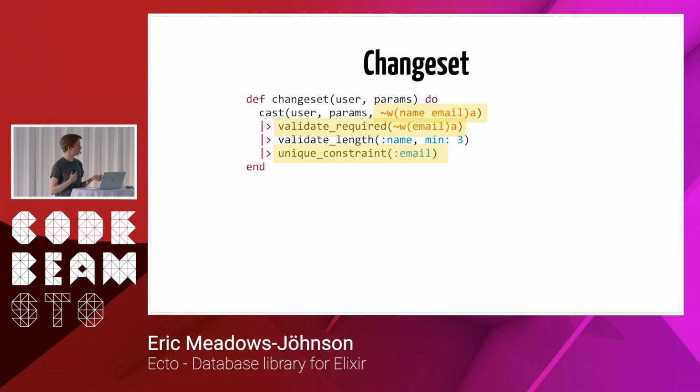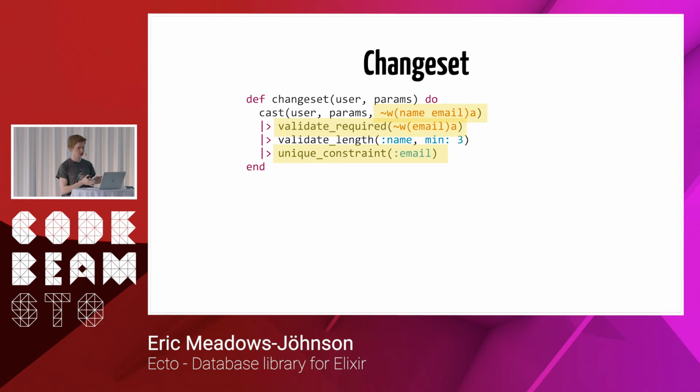We also have validations. We can validate that the email field is required, for example. We can validate the length of the name, and we have a bunch of different validations. We also have a different kind of validation, which we call constraints. These are a bit different because we want to validate that the email is unique for every user in the system, and the only way of doing this safely is to make sure that the database does it, because that's the single source of truth for the data.